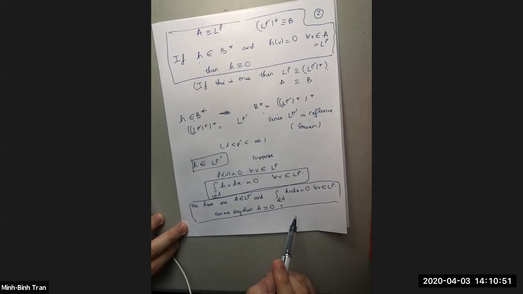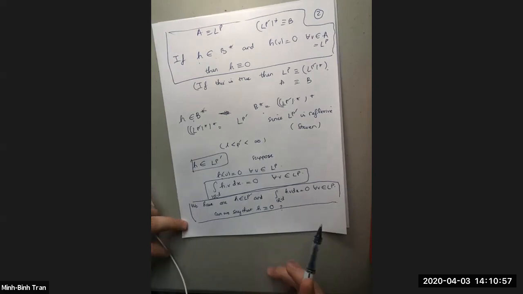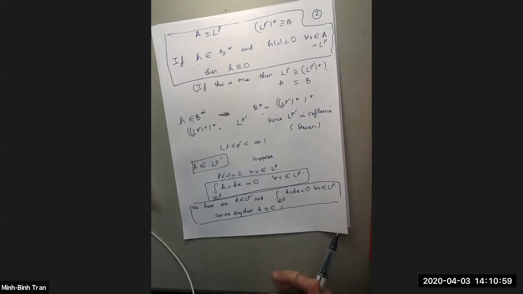Right? So, well, it is similar to Holder, but this is not Holder. This is something that we used in the previous class, right? In the previous class, we showed the norm of a linear operator is bigger than the norm.